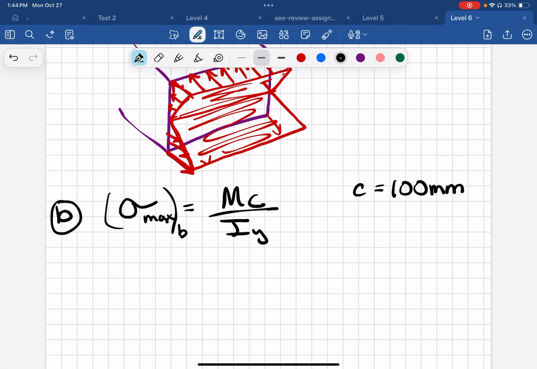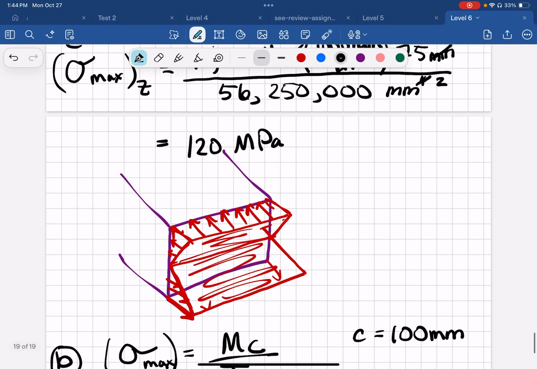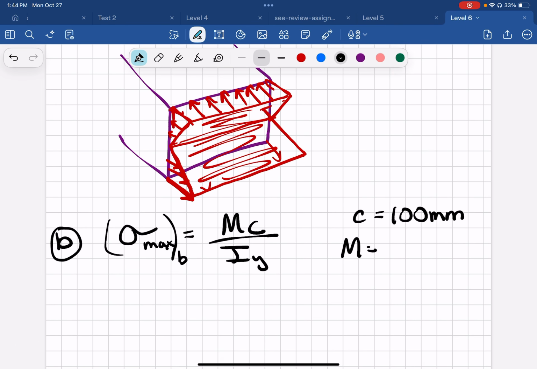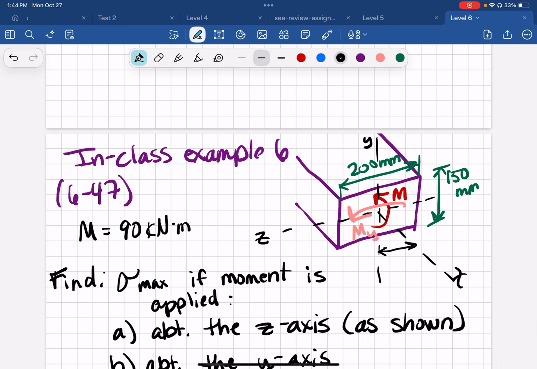The moment is the same value, so it's the 90 kilonewton meters. So M equals 90,000 Newton meters. And then Iy we need to calculate. For a rectangle, Iy is 1/12 base times height cubed. But now we're doing it about this other axis. So the base is actually going to be this one, the 150 millimeters, and the height is going to be 200 millimeters. So we'll turn it up on its side.